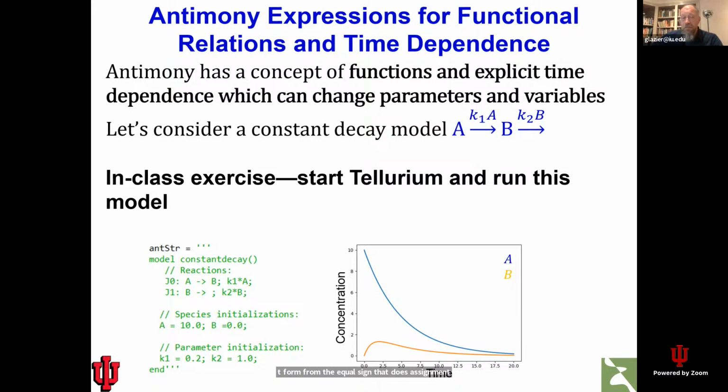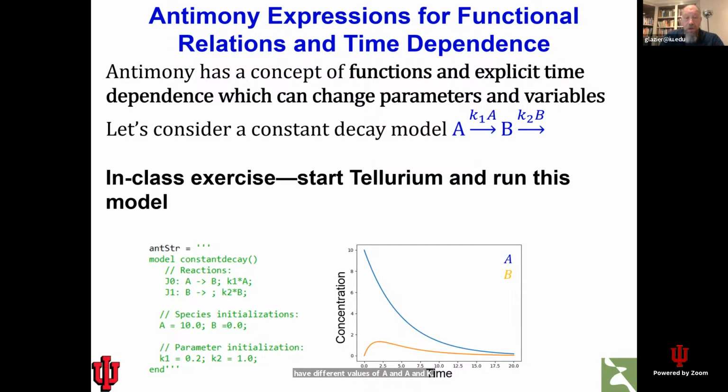And in antimony, we're going to have two different kinds of assignment. We see here, for example, under species initialization, A equals 10, B equals 0, K1 equals 0.2, K2 equals 1.